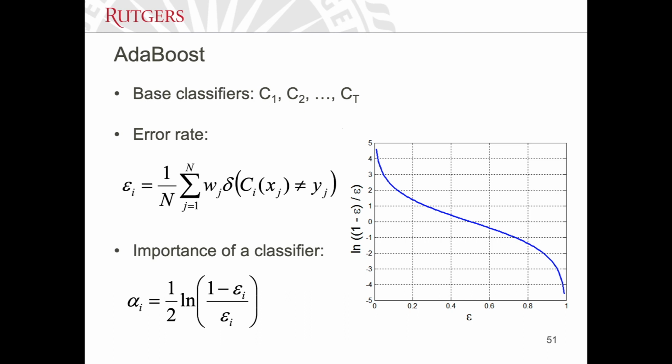AdaBoost is a commonly used boosting method. AdaBoost classifiers depend on their error rate to generate a parameter called alpha to determine the importance of a classifier. The algorithm uses the parameter to update the weights of the training examples. The weight is increased for those instances classified wrong and decreased for those classified correctly.